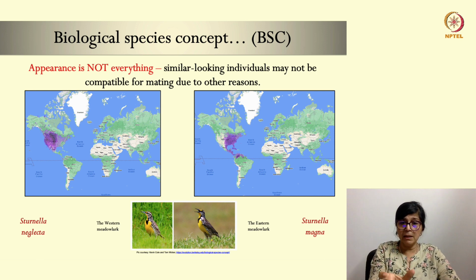In the same area, two same looking bird species, we are calling them different because they are not breeding because of some behavioral changes, which is their call in the breeding season, with different types of calls and not recognizing the call of each other. This is causing a reproductive isolation between these two.